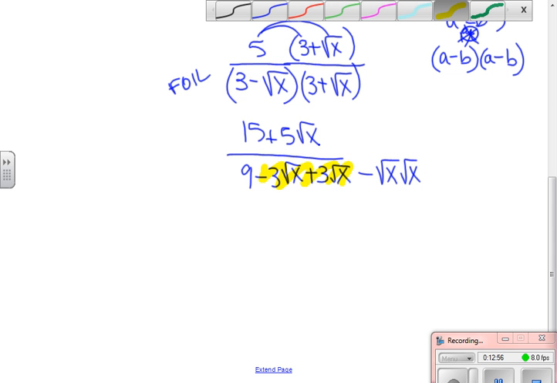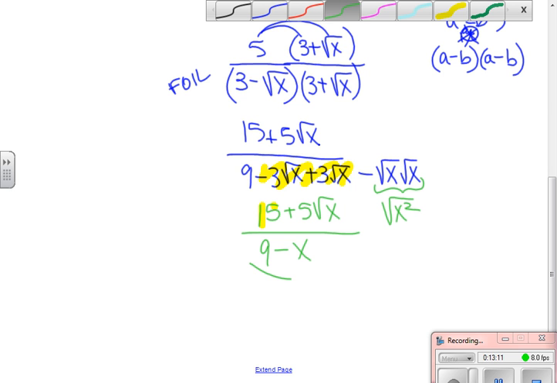These two are going to disappear, and so I'm going to end up with 15 plus 5 square roots of x all over 9 minus square root of x times the square root of x is the square root of x squared, 9 minus x. And that is your final answer.